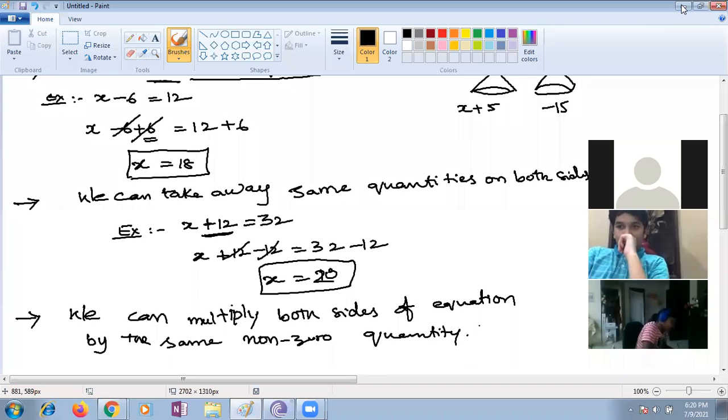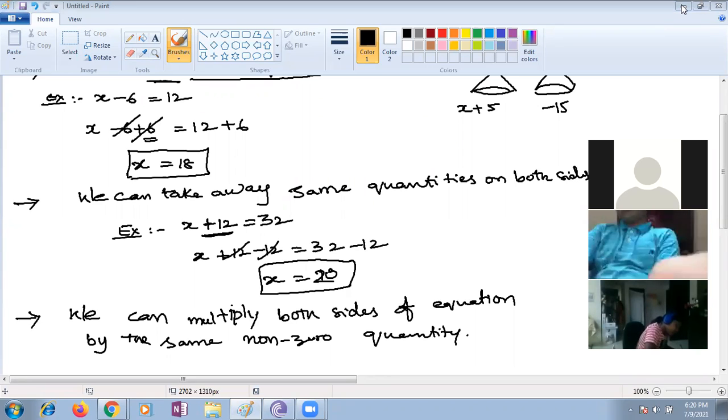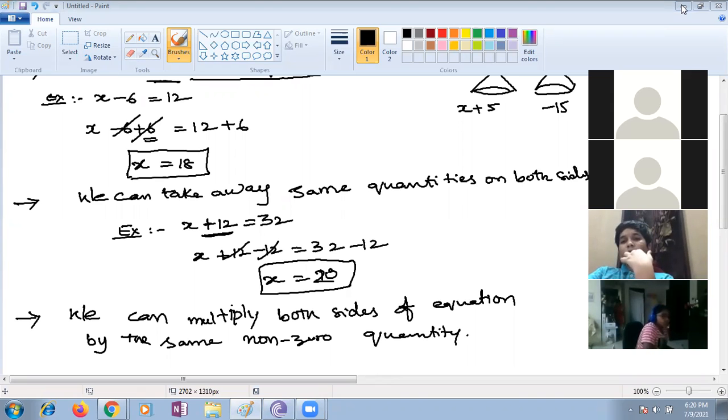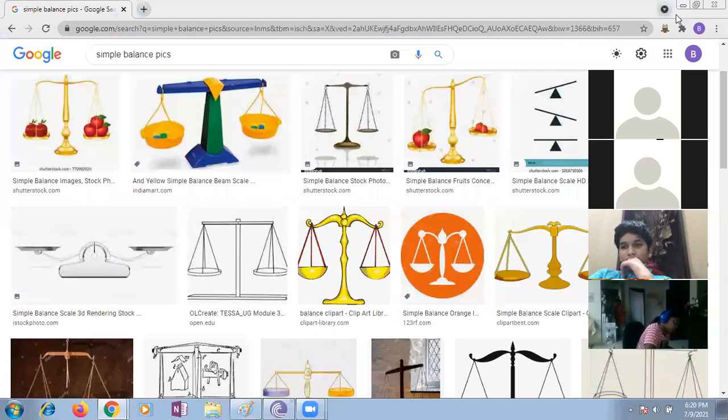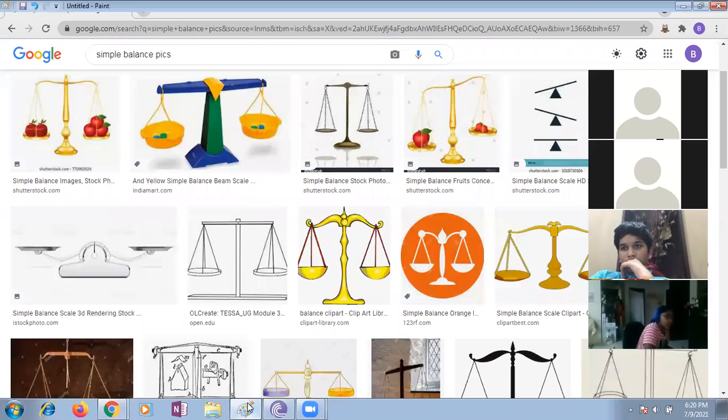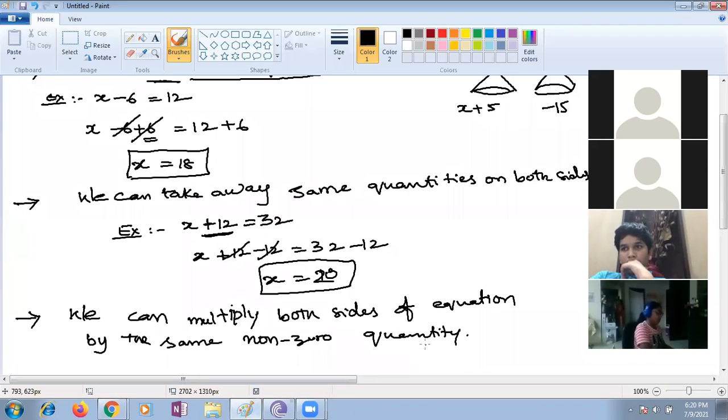Just a second, children. There is a hand raised by Raghav. Raghav, are you able to? Yes, ma'am. My doubt is that you gave an example, x minus 6 is equal to 12.